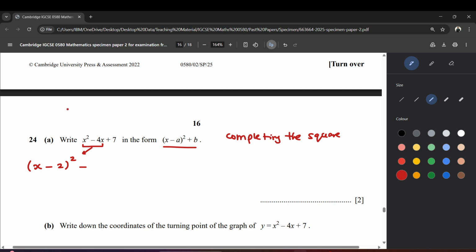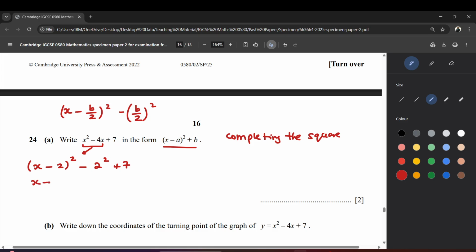So the general formula goes like this: x minus b upon 2 whole square minus b upon 2 whole square, where b is the coefficient of x. Therefore this becomes minus 2 square, and now you can bring down this plus 7.